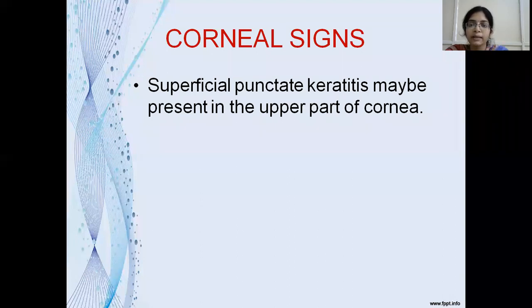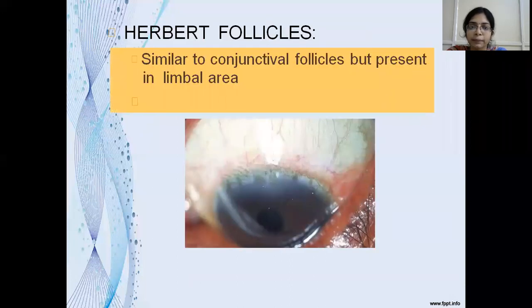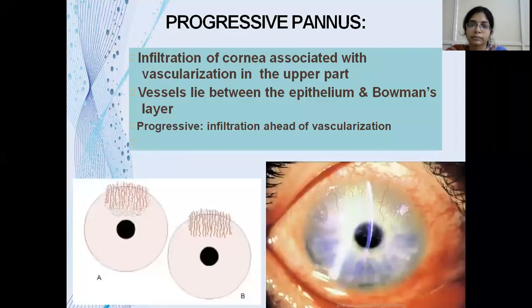So again, the anatomical location should not be a confusion: because the superior part of the conjunctiva is involved, the cornea will definitely be affected in the superior part. Now, what are Herbert follicles? Similar to conjunctival follicles, these Herbert follicles are raised whitish areas present in the limbal area. So these are given a specific term known as Herbert follicles.